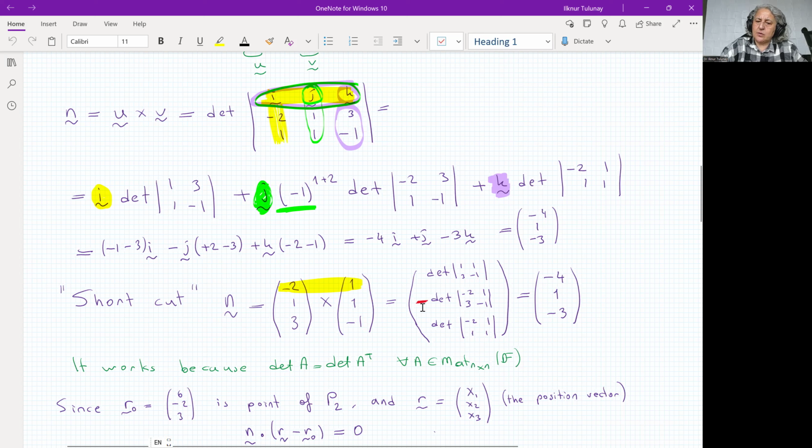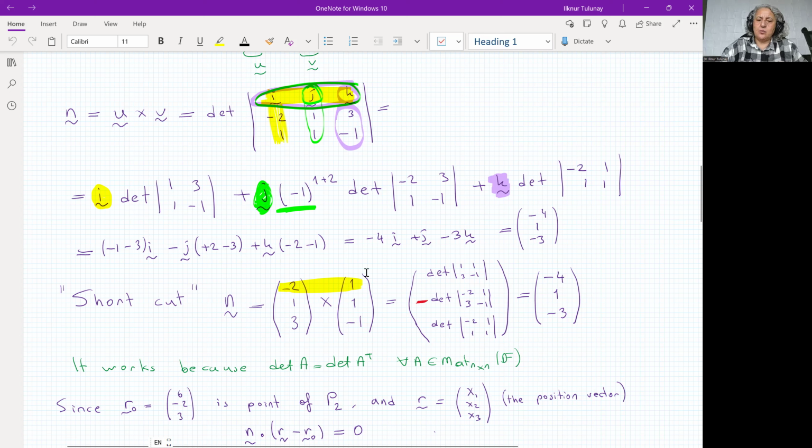But when you're multiplying by -1, that will be 1. And then removing this one, you have -2, 1, 1, 1. And you calculate the determinant, this times this, minus this times this. So this is -2, -1, that's -3. That's exactly the same vector. So you can do this, but you need to understand the proper way of doing it. And then you practice the shortcut for your exam time.